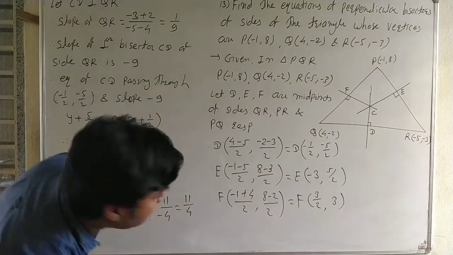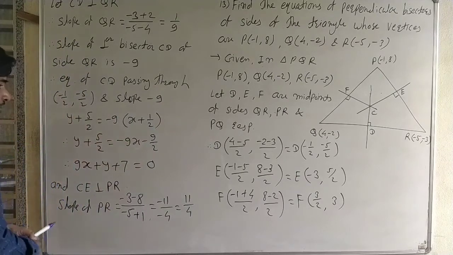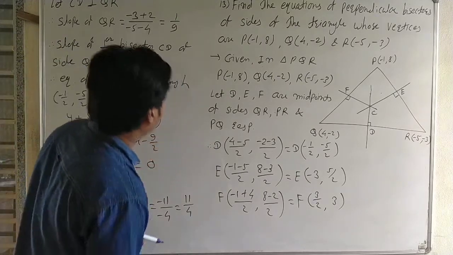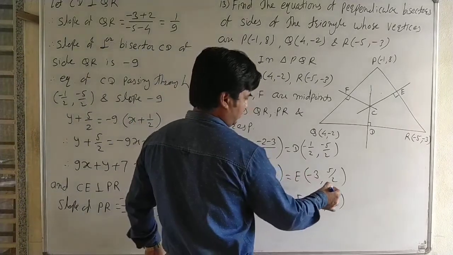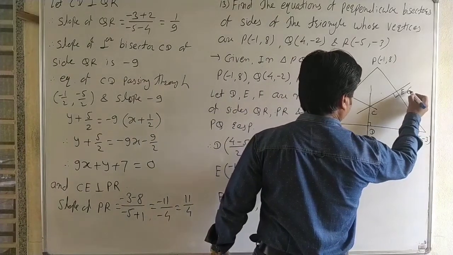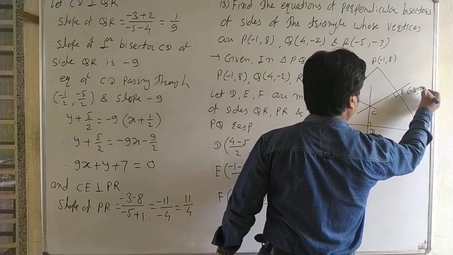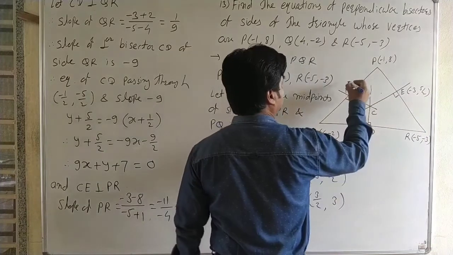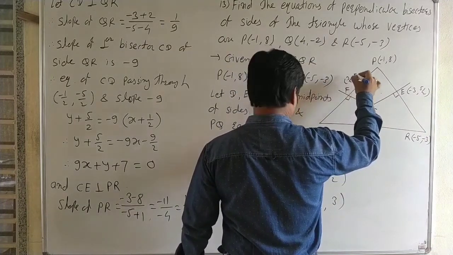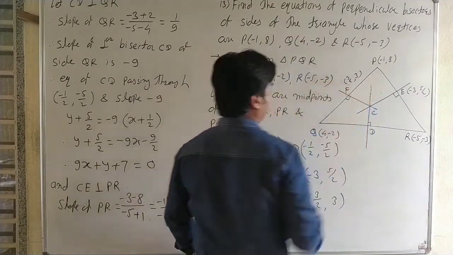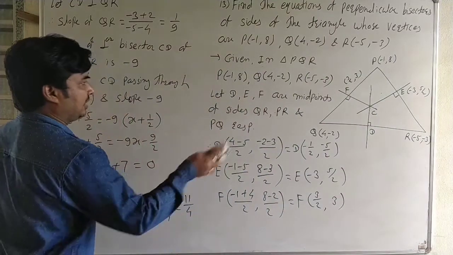Then we can write the equation. Here this point E is (minus 3, 5 by 2) and the F point is (3 by 2, 3). Okay, now we can erase it.